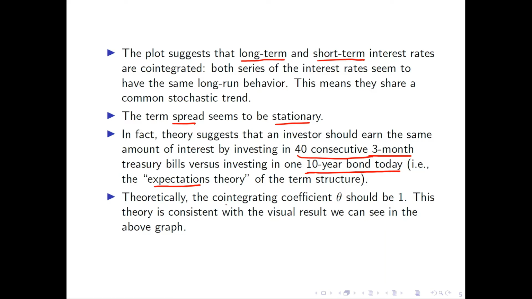So in theory, the coefficient, the number on the x variable, or the scaling of the x variable, should be equal to 1. So in this case, we could have the 10-year minus the 3-month interest rate, and we do not have to scale the 3-month interest rate. And this difference should be I0. It should be stationary.